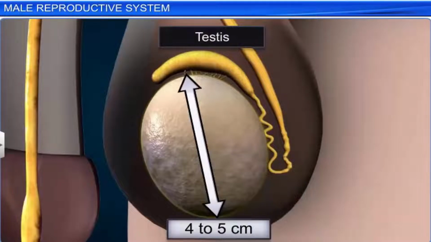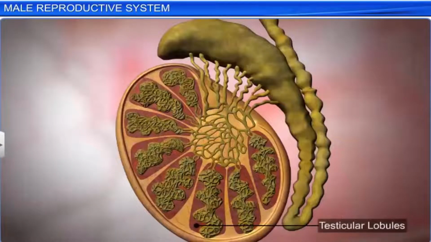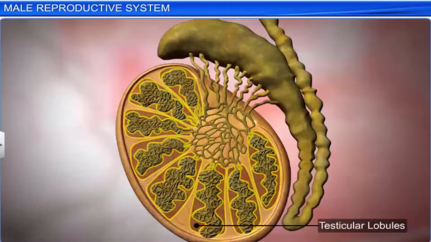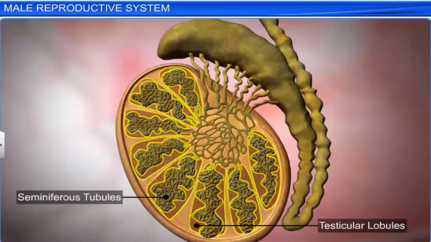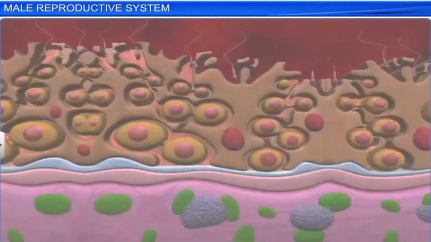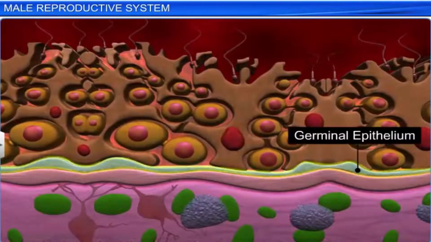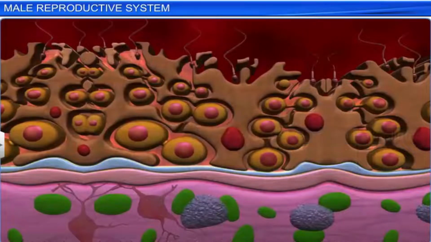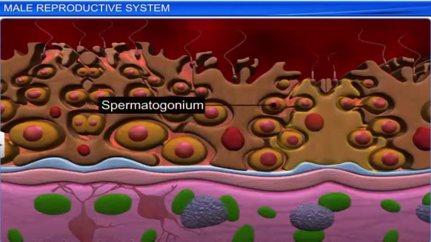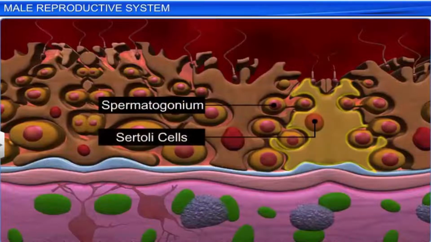Each testis has 250 compartments called testicular lobules. Each lobule, in turn, contains 1 to 3 highly coiled seminiferous tubules. The lining of each seminiferous tubule is called the germinal epithelium and contains the male germ cells known as the spermatogonia and Sertoli cells.